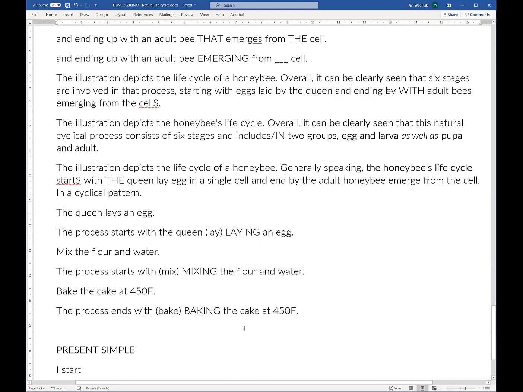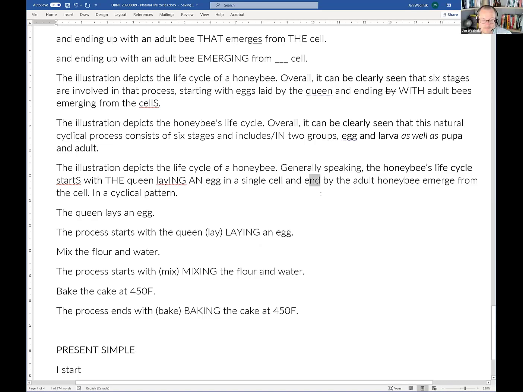Okay, so it starts with the queen laying an egg in a single cell. And ending... Be careful. Ends. Because it starts.